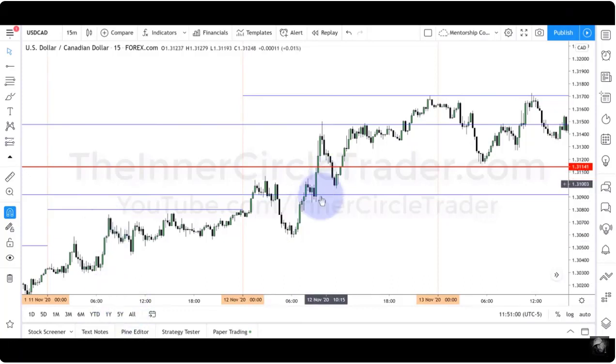Here we have the market trading above the equilibrium, trading to an old liquidity pool, and trades back down. Now, we still have time in the week, and it can still continue. But isn't this an optimal trade entry as well? And a breaker. We have a low, a high, a lower low. Use the highest up close candle.